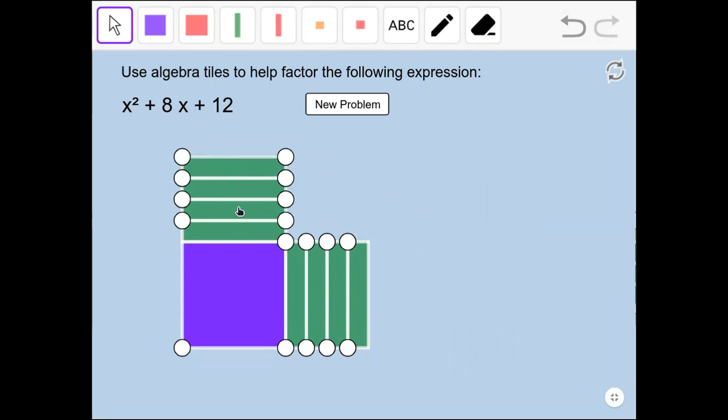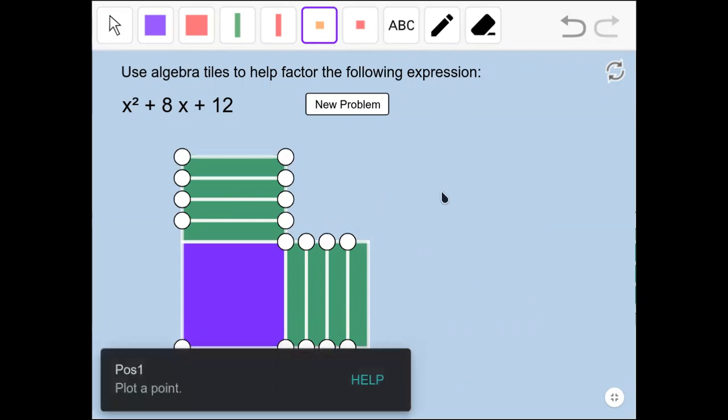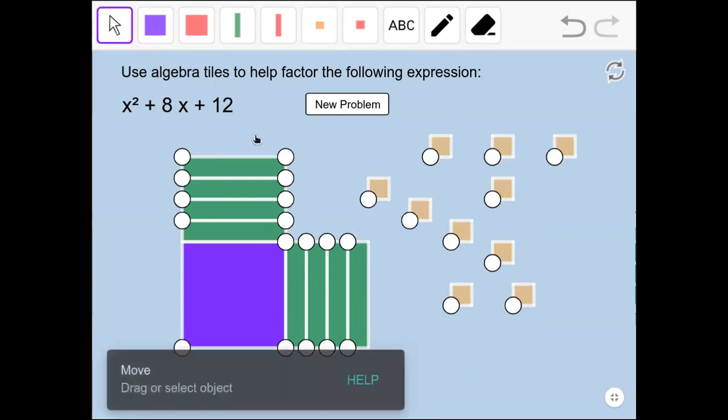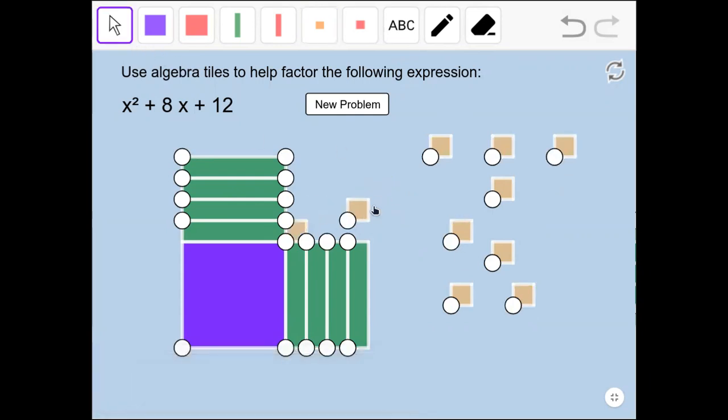If I select this way, 1, 2, 3, 4, 4 into 4, I need 16 single blocks. So I can arrange these tiles like this and fill that area. So 4 into 4.